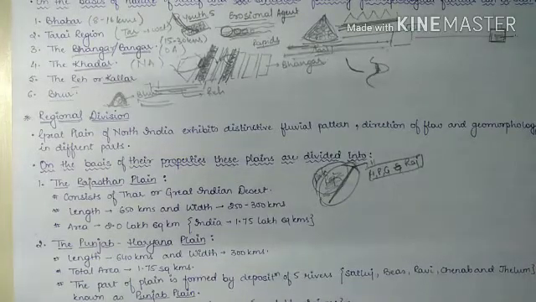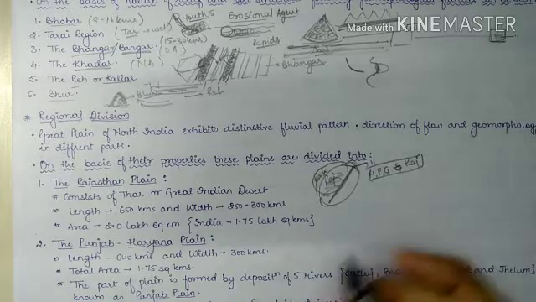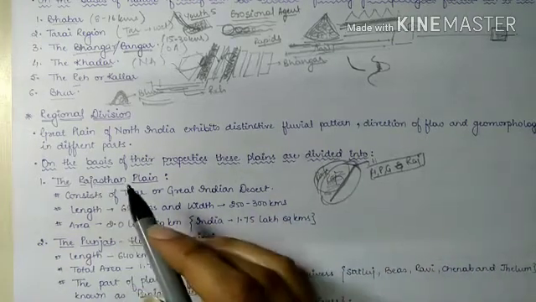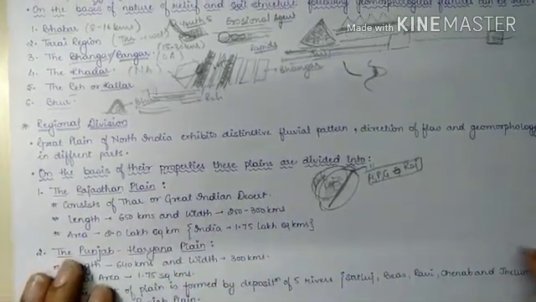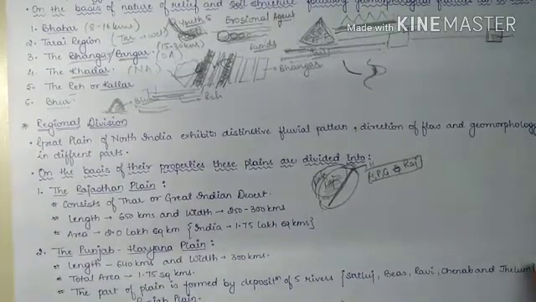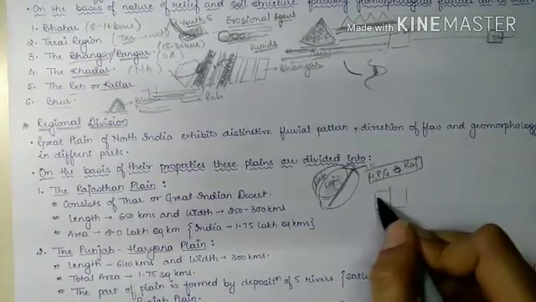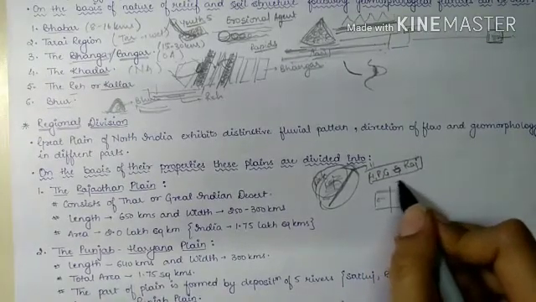The desert is properly known as the Marusthali region. Marusthal is the Hindi word for desert.